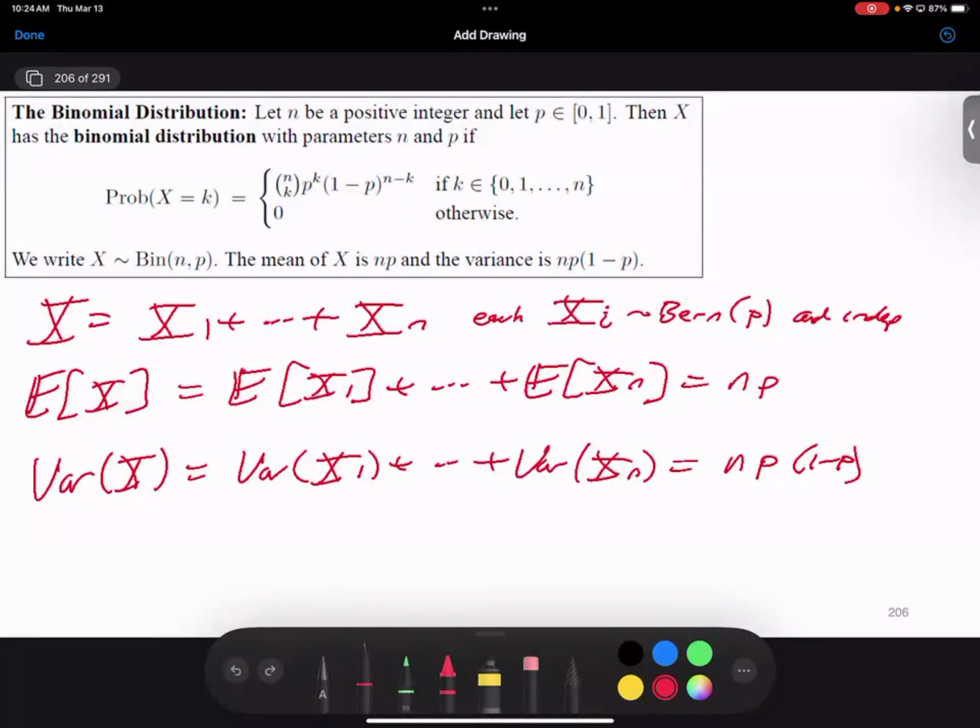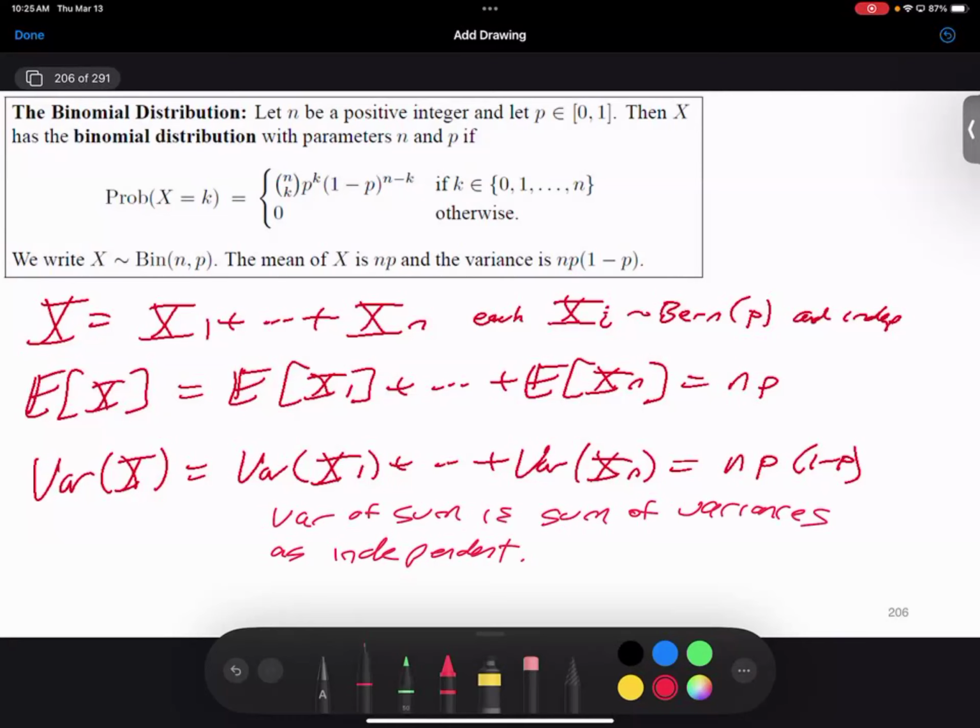That gives us np. And the variance of the sum is the sum of the variances. Why is the variance the sum of the variances? It's because they're independent. So the variance of the sum is the sum of the variances as they're independent.